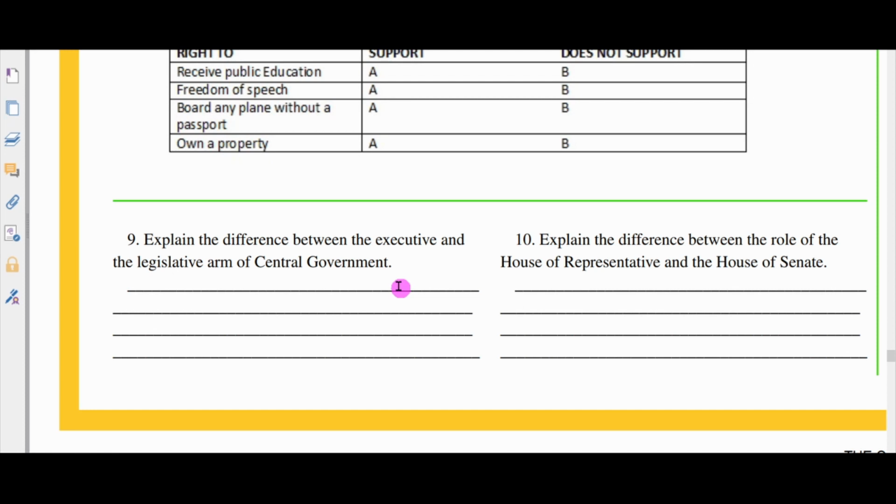Maintain and implement those laws via the use of the Jamaica Constabulary Force, for example. All right, so remember, executive government, day-to-day activities and programs and policies. The legislative arm, they will deal with the laws, making laws with regards to that. Okay.